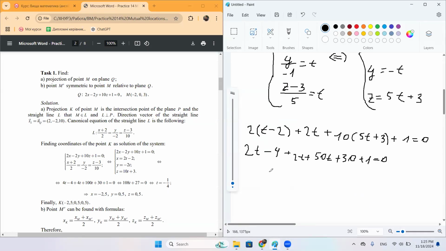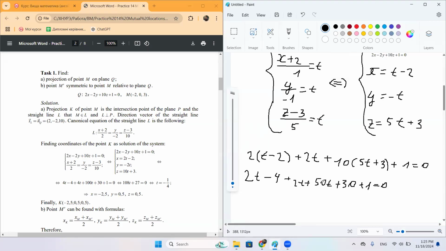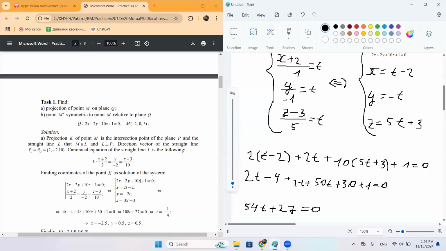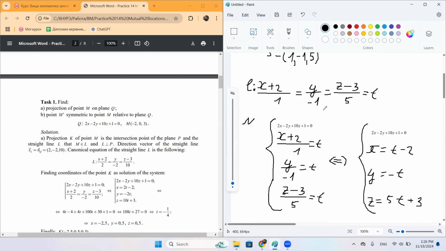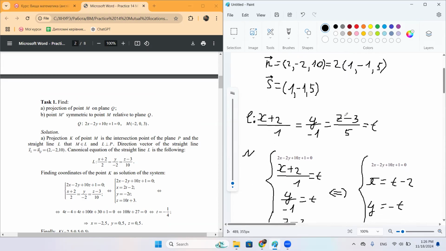Okay. So 54t minus 26 plus 27 equals 0. And it seems that something is incorrect, such reducing.